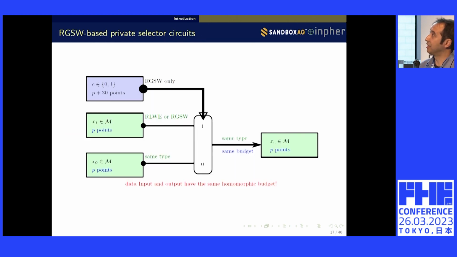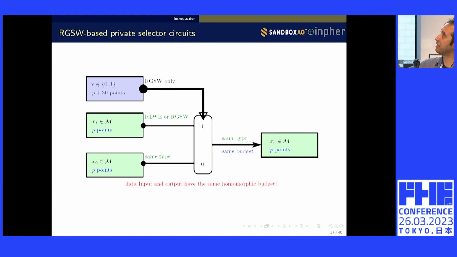And the concept of noise can also be applied to non-arithmetic circuits, for example, this MUX gate based circuit. In a MUX gate, like the one that is used in the GSW ciphertext, what it means in terms of points is that one of the inputs of the MUX gate has to be at a higher level, like 30 points, and then the two other inputs have p points.